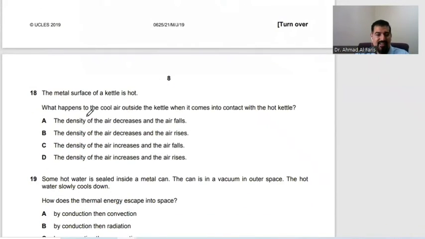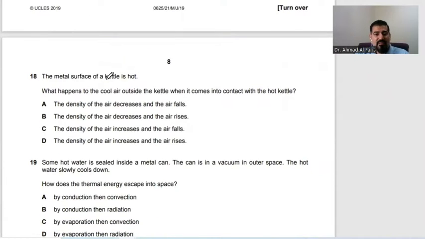Number 18. A metal surface of a kettle is hot. What happens to the cold air outside the kettle when it comes into contact with the hot kettle? We are talking about air molecules, which are cold. They gain energy from the kettle surface, and they move faster and farther.